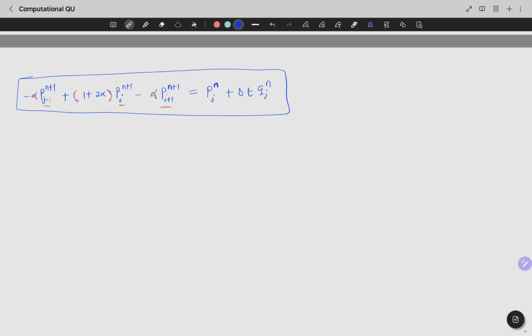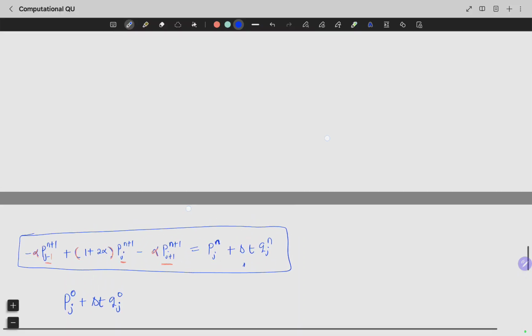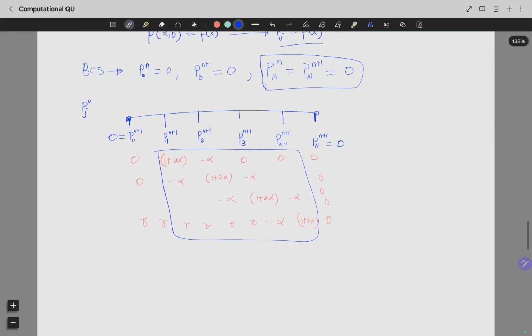I want to flip it and start writing this one. So we see PJ 0 plus delta T QJ 0. So at each n, you are going to have this matrix.